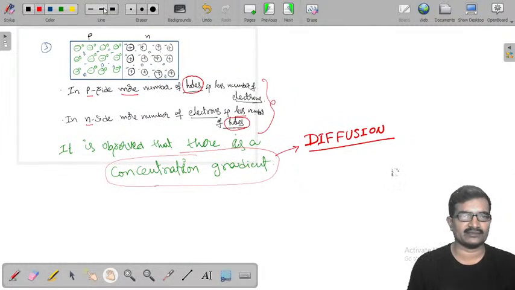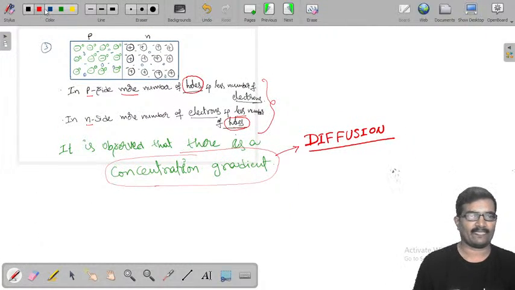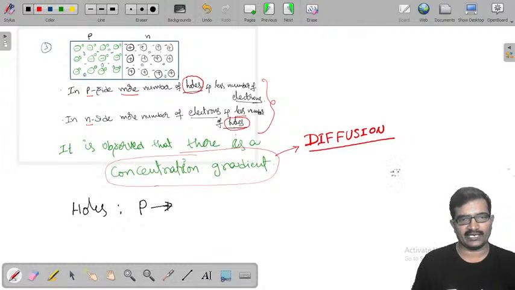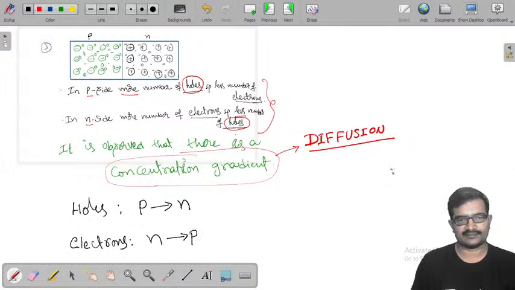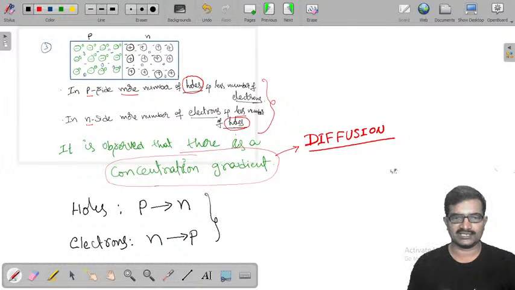With the diffusion, holes are moving from p region to n region, and electrons are moving from n region to p region. This is the diffusion movement of charge carriers. It results in diffusion current, I diffusion.